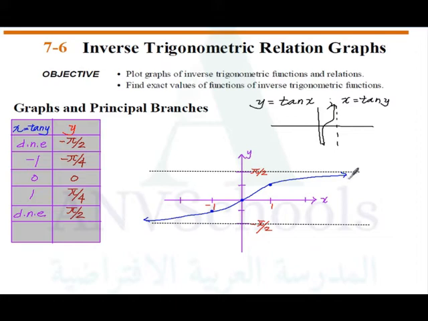This is what we call x is equal to tangent y, or y is equal to the inverse tangent of x.